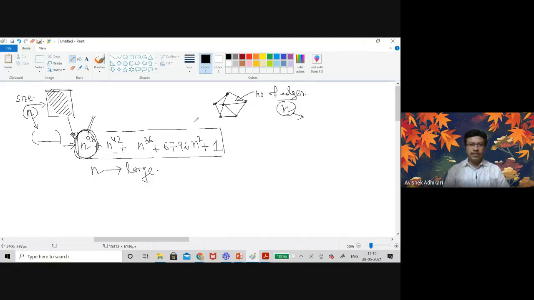Suddenly this term will dominate over the others, because it grows much faster. So the nature of the whole expression is based on the nature of this term. This will play the most important role.